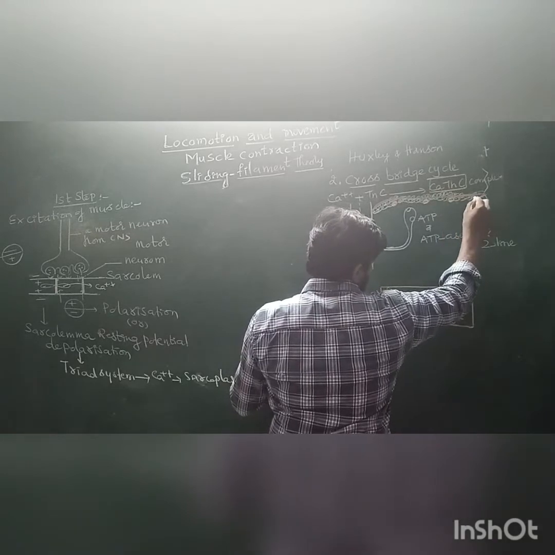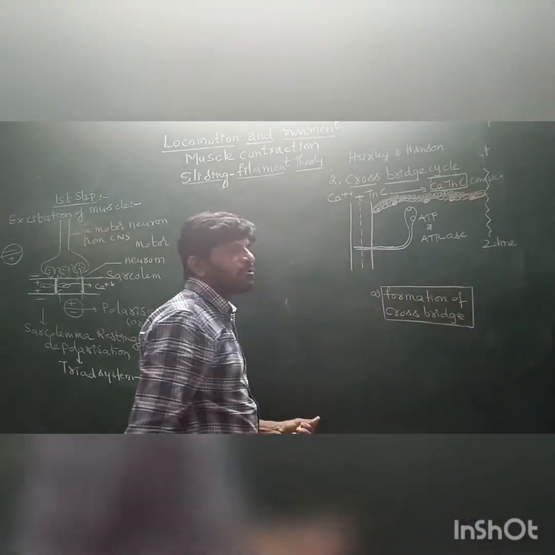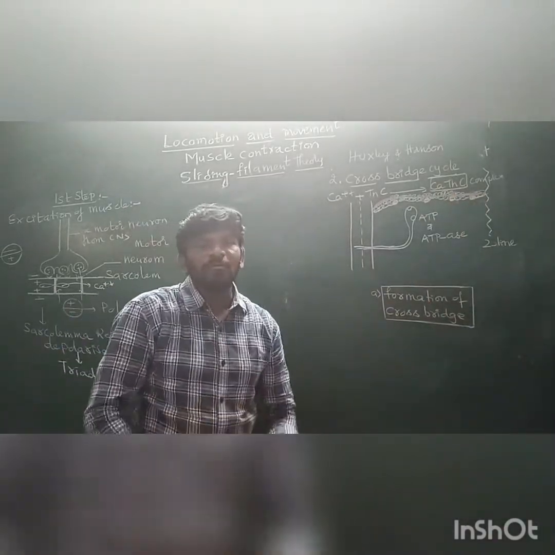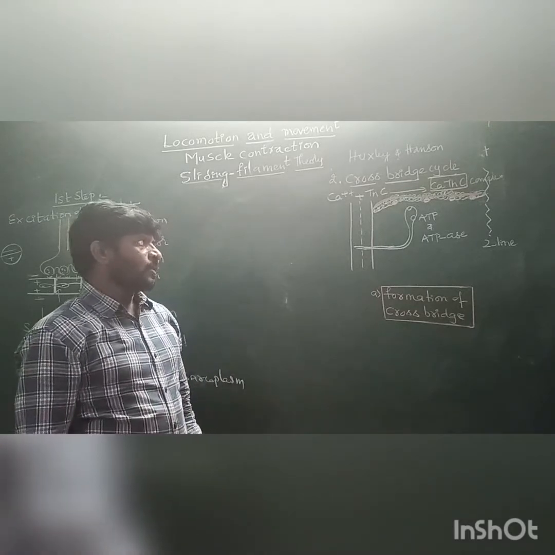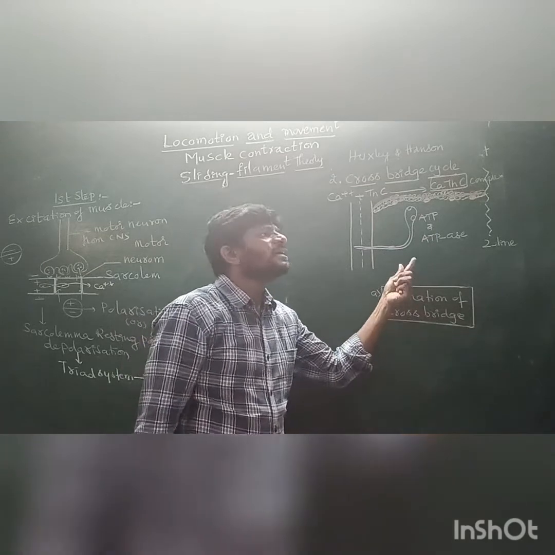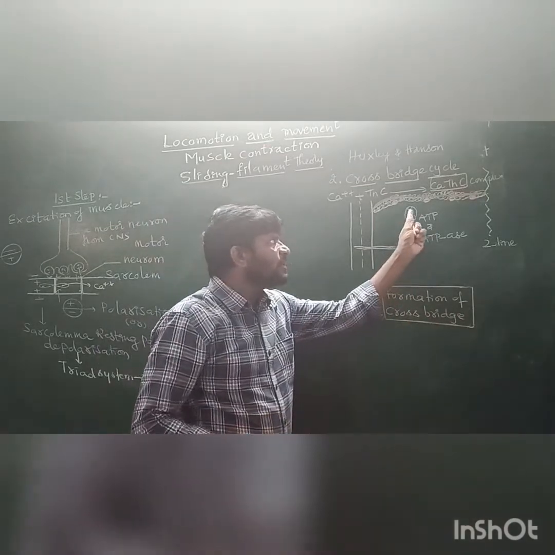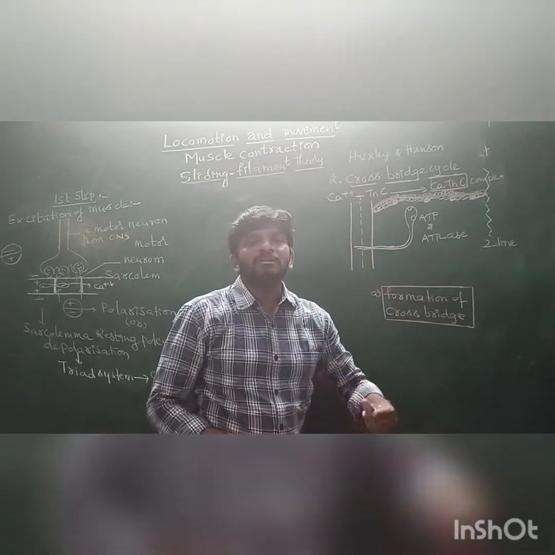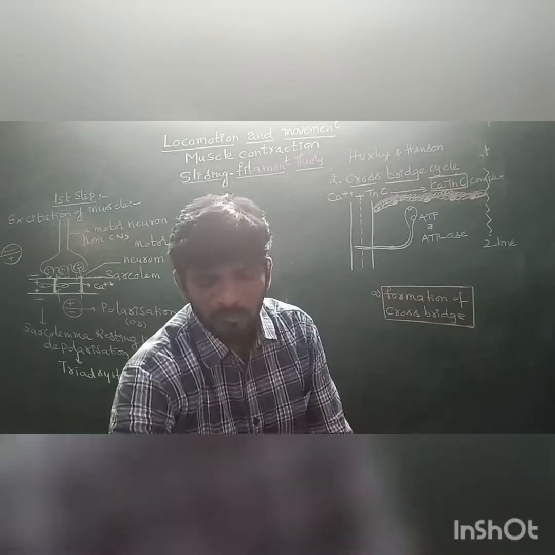During the cross-bridge formation, the head fixes into the active site of the actin. For that fixing or entry, it needs energy, and that energy is provided by the hydrolysis of ATP. Therefore, the reason for the cross-bridge formation is hydrolysis of ATP.